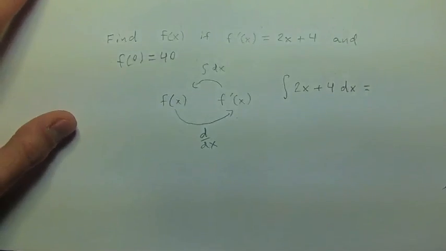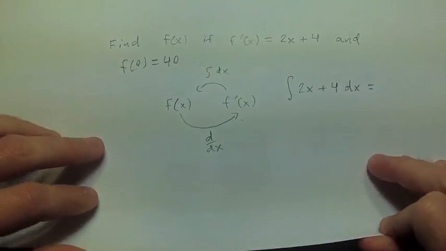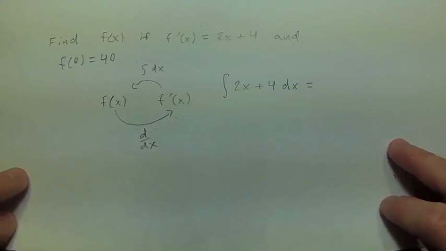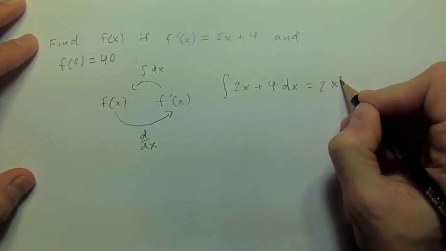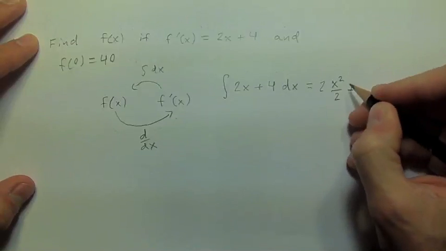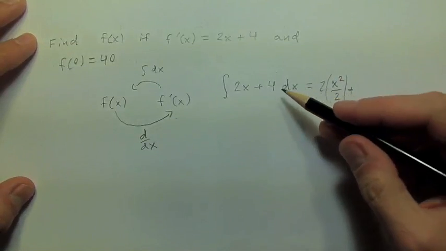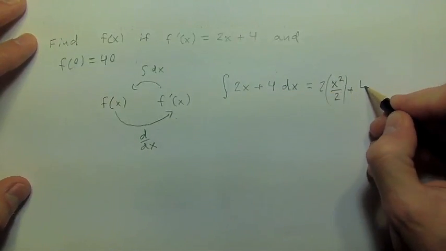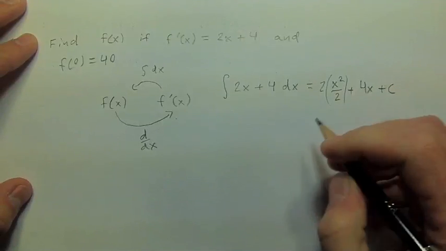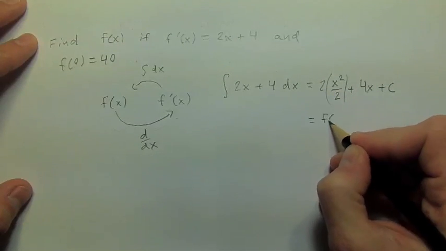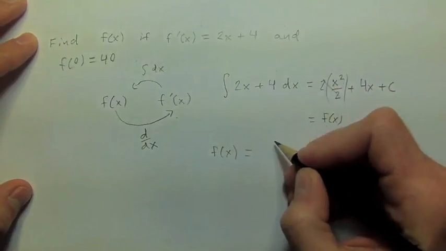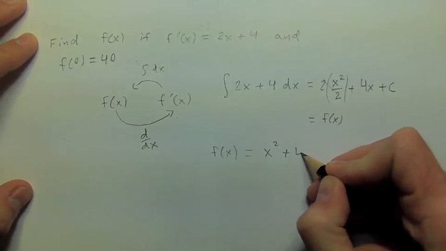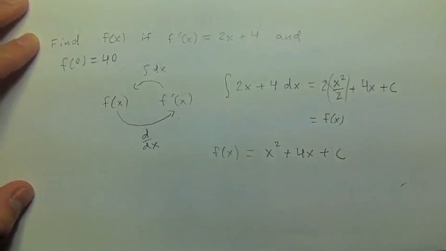okay, is going to be, shift it over so you can see a little better, 2 times x squared over 2 plus the integral of 4 is 4x plus c. This must be our f, right? So f of x, I know, looks like x squared plus 4x plus c.